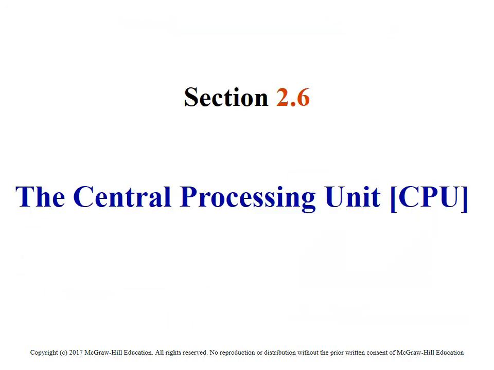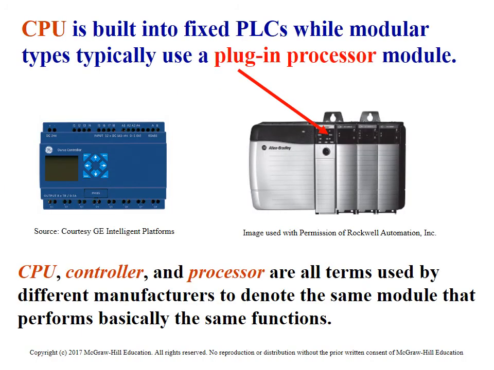Skip the analog a little bit here. CPU. Okay, so we're talking about central processing units. Here we've got a slide-in or modular style that slides in the front of it, and on the left we've got the shoebox, or the fixed I/O unit, which has a defined processor.